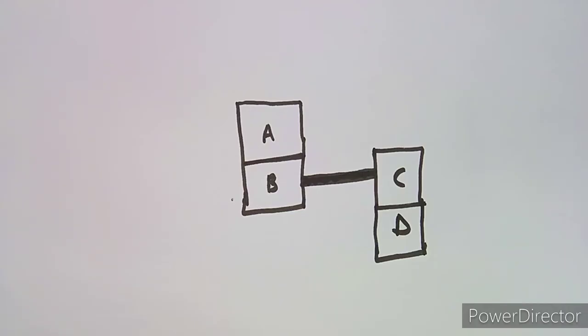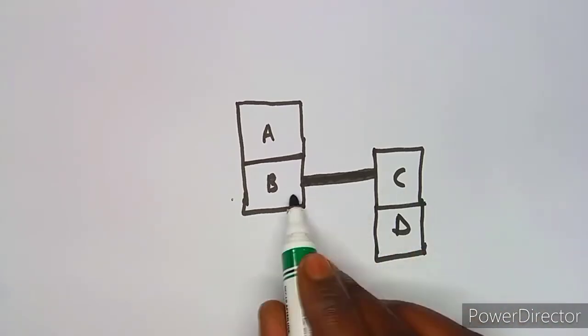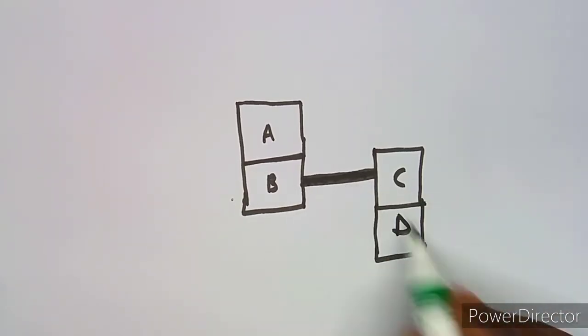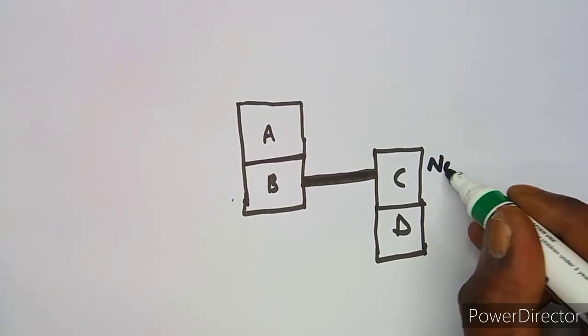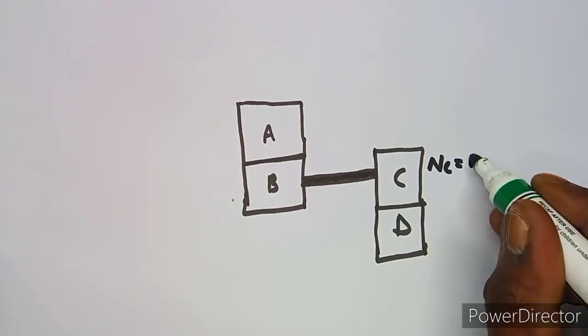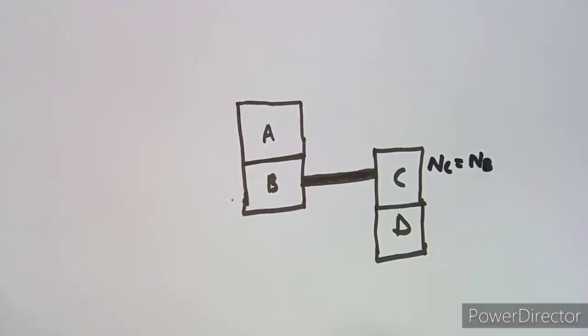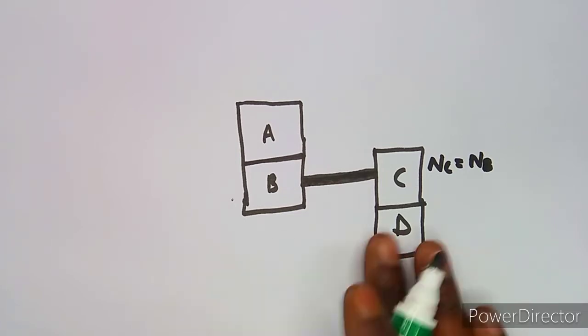What is going to happen is that B and C are coupled, so they share the same rotational speed. That's the only thing that they can share, the rotational speed or rotational frequency. So in this case NC is equivalent to NB. That's the only thing that is important about this coupling.